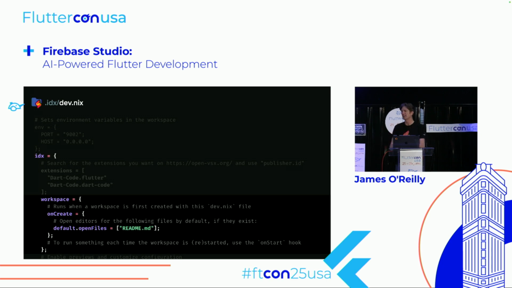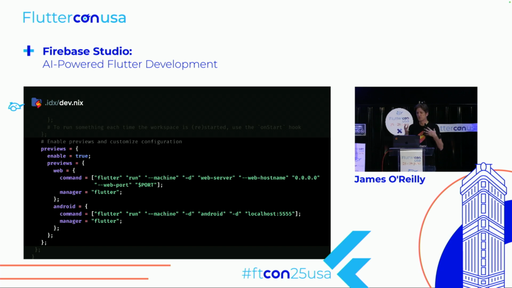So when the IDE launches up, they see the README file first. The second lifecycle hook is on start. On start is not shown in this example, but it's very useful if, say, you're running multiple backend servers in your environment and you wanted to spin them all up for the developer right away. You would include that in the on start lifecycle hook.